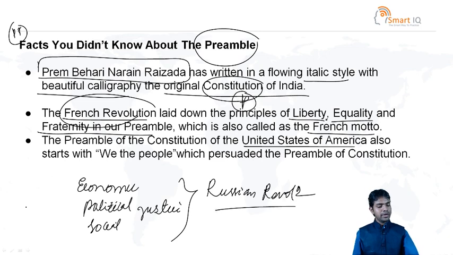Okay, liberty, equality and fraternity are taken from the French Revolution. Economic, political and social justice are taken from the Russian Revolution.